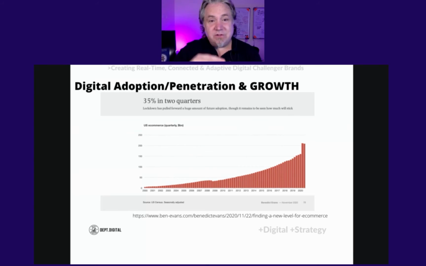If you spread that out over 5 years, they've seen normal growth compressed from 5 years into 18 months, right? So they've seen a tremendous amount of growth over the last year and a half. That should be a wake-up call to everybody to say, hey, if you're not fully engaged online, if you're not creating that transformational journey through this tool of online, you need to take a much harder look.